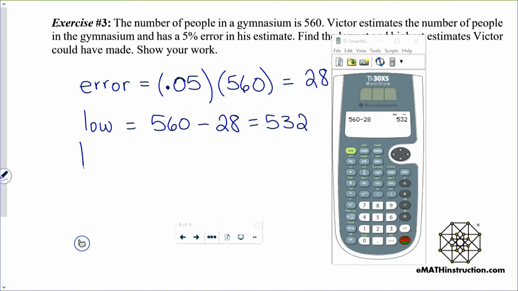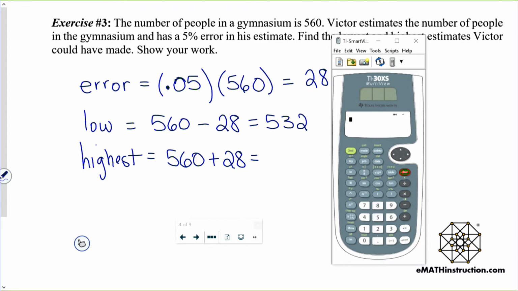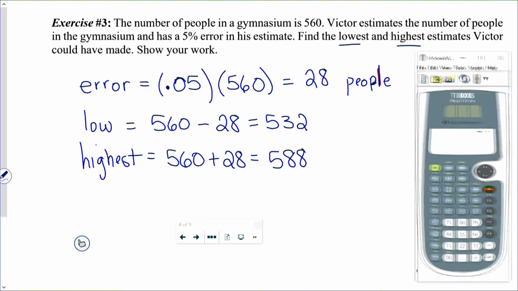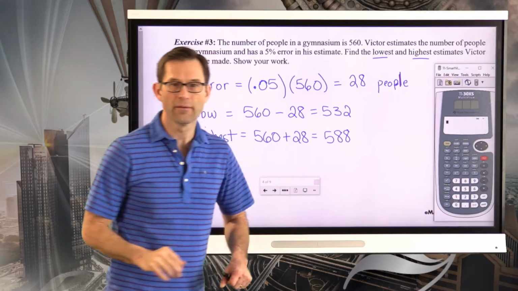And the highest value would then be the opposite, 560 plus 28. I think I can do that one without the calculator. I could have done the other one without it too, but that will be 588.